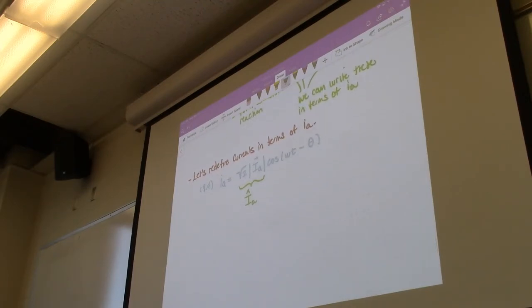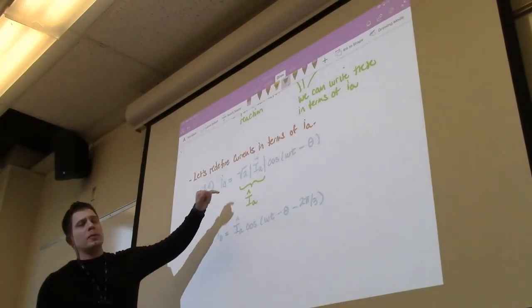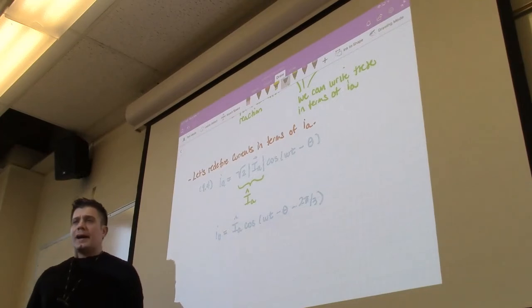We know that IB will be the same form. We're assuming balanced operation right now, so the amplitude of IB will be the same as the amplitude of IA.